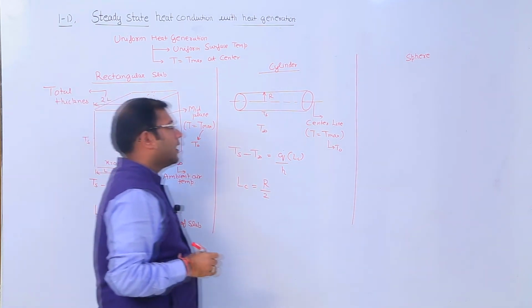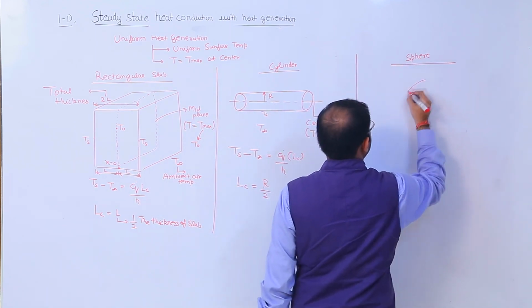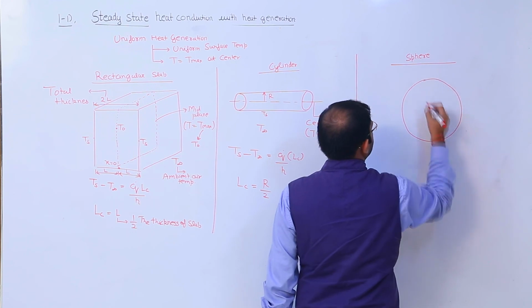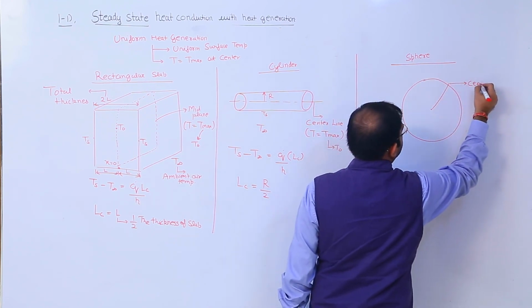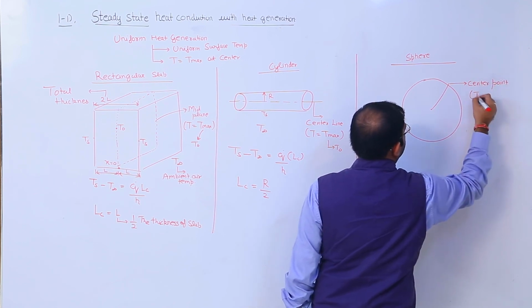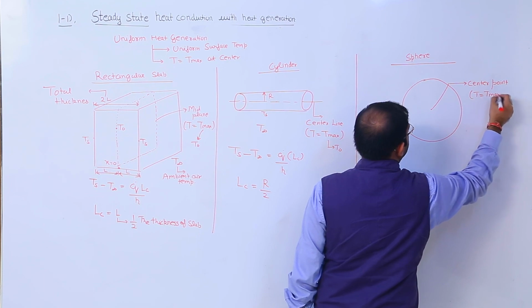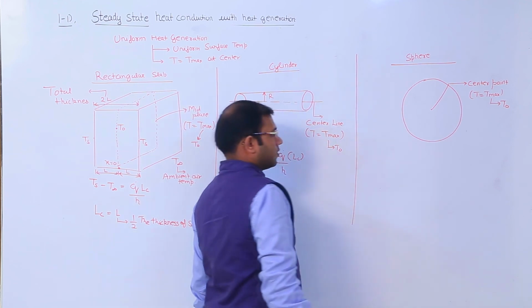Fine. And in case of sphere, this is our center point where temperature is equal to T maximum, and it is also represented by T naught. Fine.